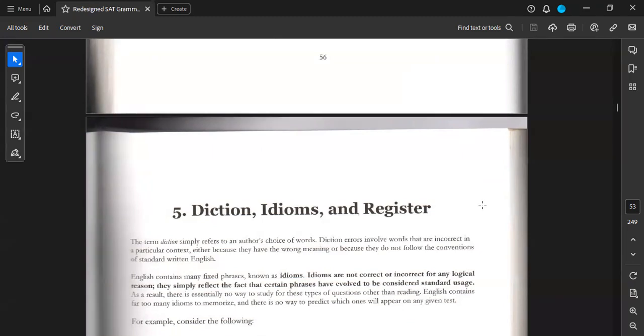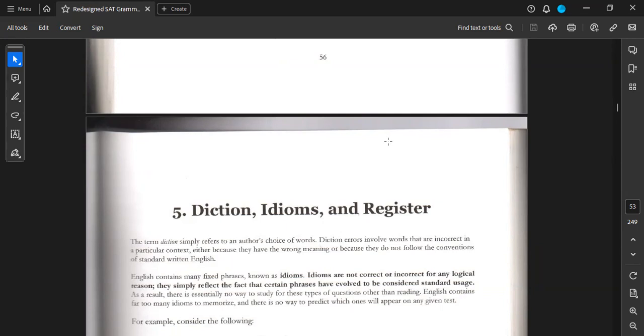I don't know if you guys have had a situation where you say, oh, someone speaks colloquial or formal English, or semi-formal. That's what we're going to be looking at in this context as diction. And idioms in this context are going to be fixed phrases, right? Certain words that just go together in English, not for any particular grammatical reasons, but that's just how they are.